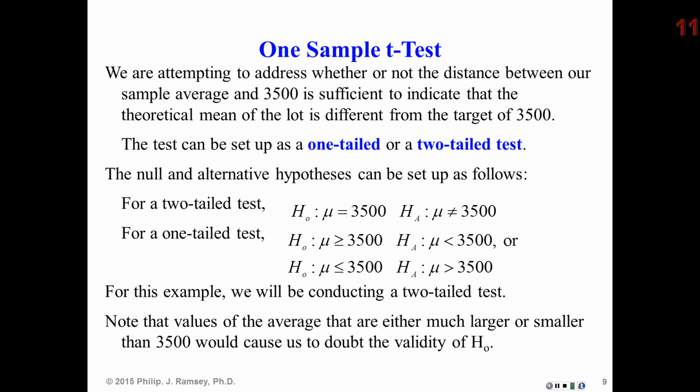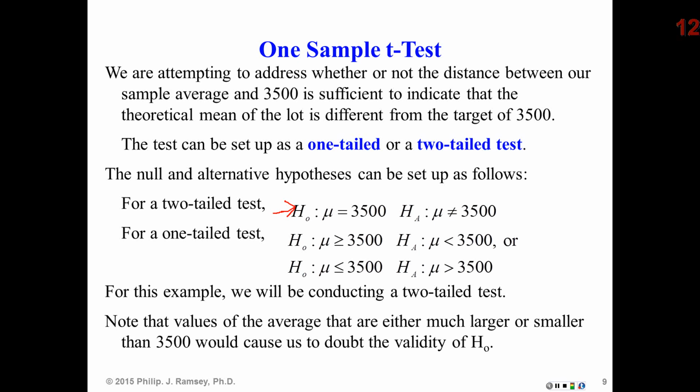Okay. So when we perform these hypothesis tests, again, we state a null and an alternative. So notice on slide 9, the first way I state the hypothesis is something referred to as a two-tailed or two-sided test. Notice the null hypothesis is quite simple. The mean, the theoretical mean, equals 3,500 lumens.